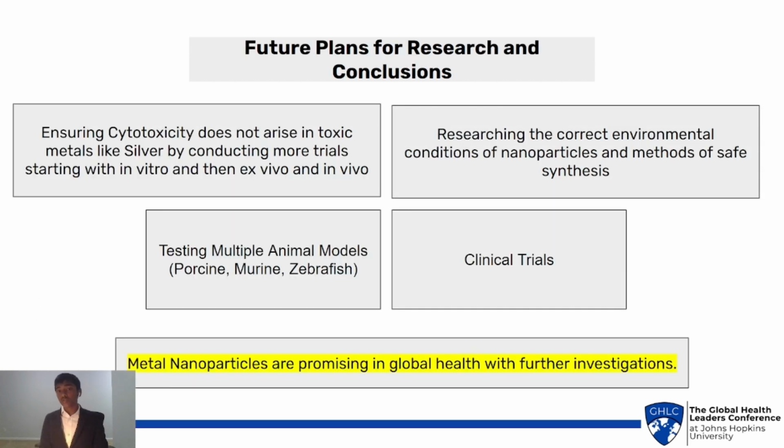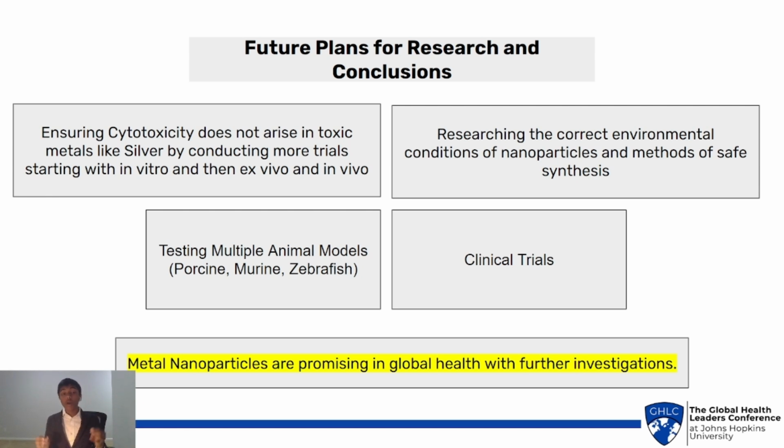For future plans for research, in conclusion, we want to ensure that cytotoxicity does not arise in toxic metals like silver by conducting more trials, starting with in vitro and then ex vivo and in vivo. But before that, we have to research the correct environmental conditions of nanoparticles and methods of safe synthesis of those nanoparticles so they're not toxic. We also have to test with multiple animal models before doing clinical trials, whether that be a porcine, murine, or zebrafish model.